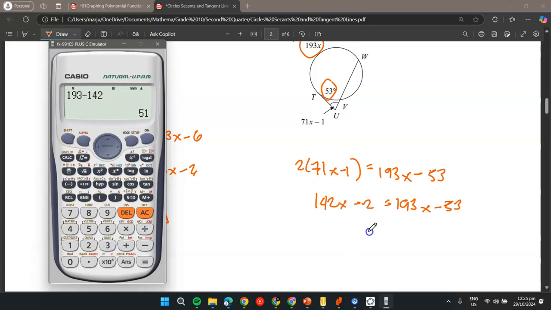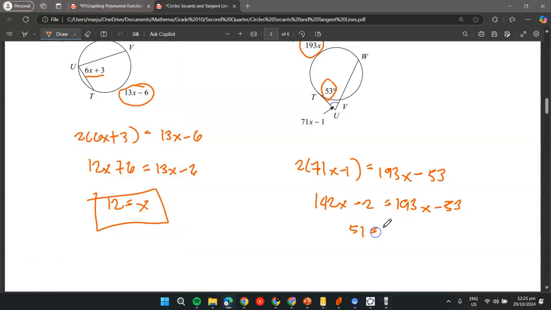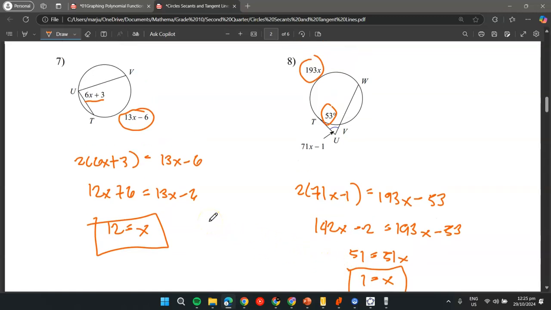That is 51. So we have here negative 2 plus 53 is 51. So that is just 51 equals 51x. X is equal to 1. That will be our answer.